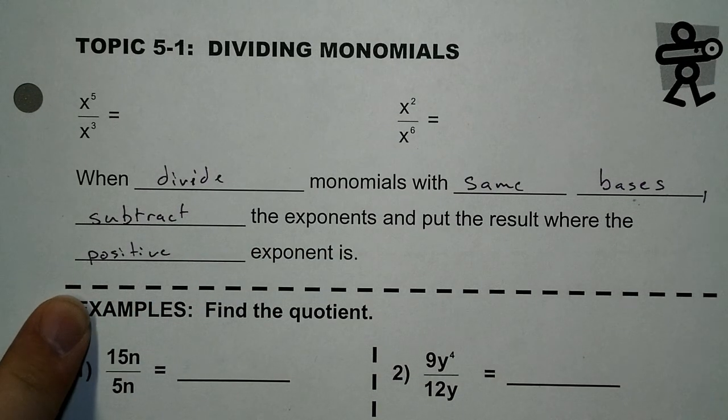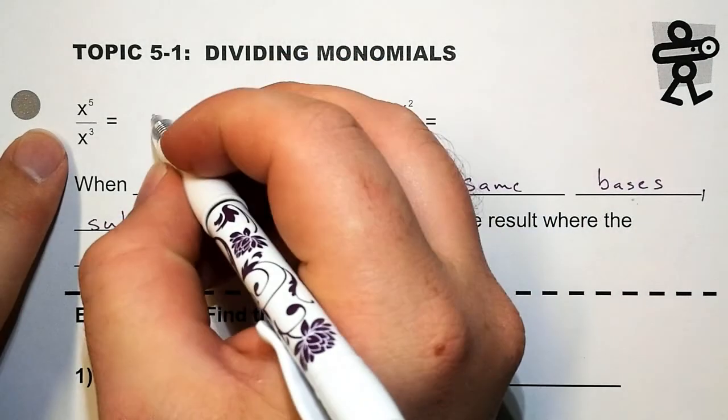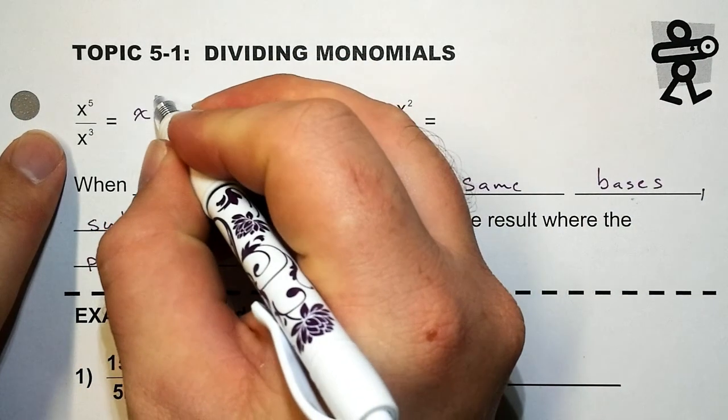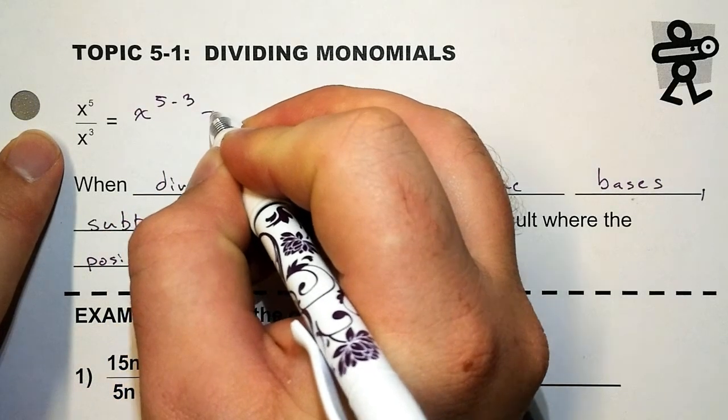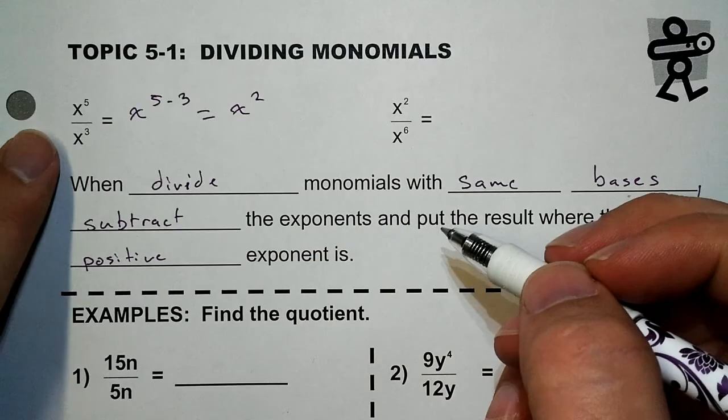So, for example, x to the fifth divided by x to the third is the same as x to the 5 minus 3, and that's going to be x to the 2. Since it's positive, it's going to go on top.